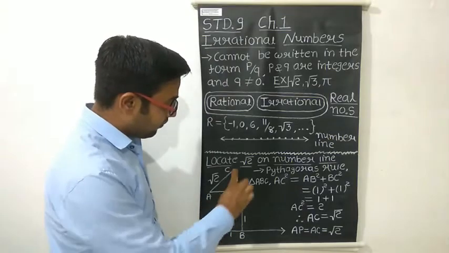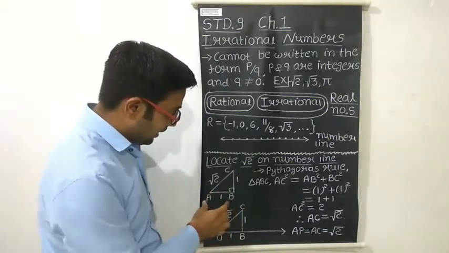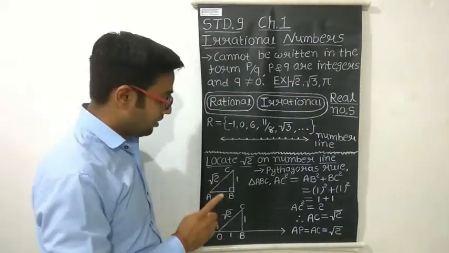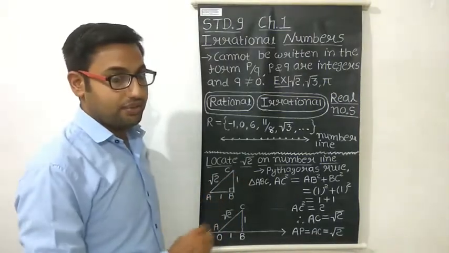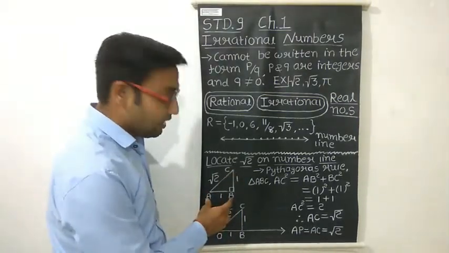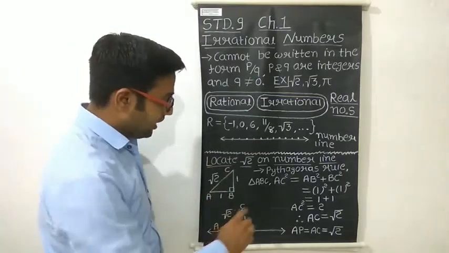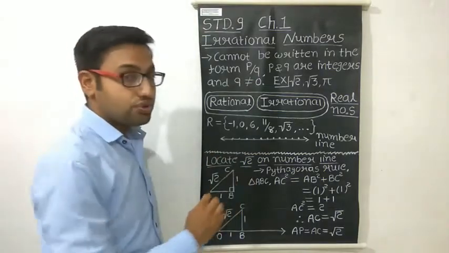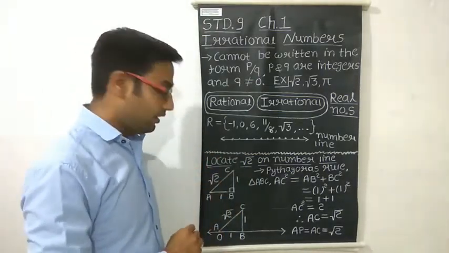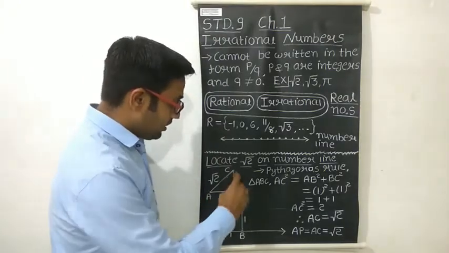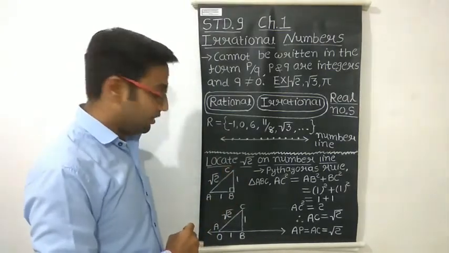So what does 1 unit mean? You can take AB as 1 centimeter and BC as 1 centimeter. You can also take AB as 1 inch. Then you have to take BC also 1 inch, right? So this is our 1 unit.